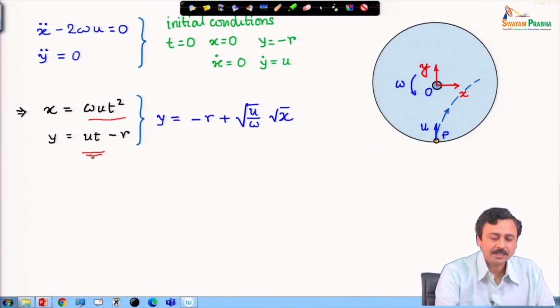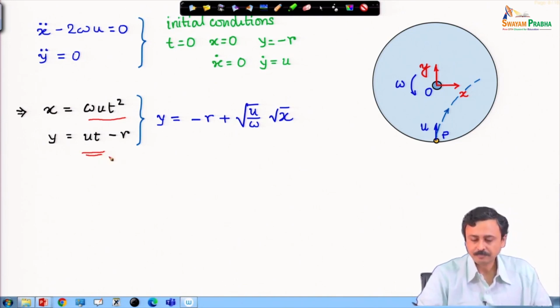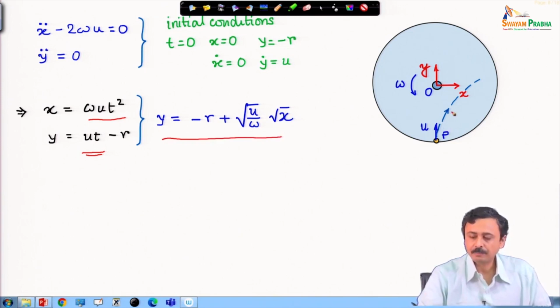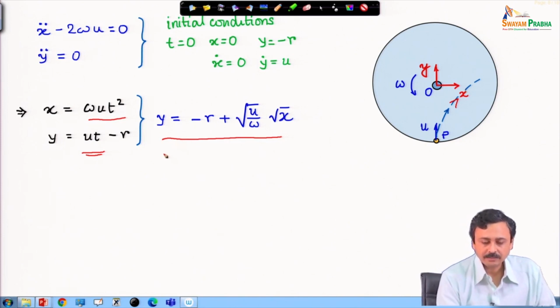So, y increases like this, and therefore, because x moves to positive side, the particle path curves to the right, and you can write this as y plus r whole square equals omega by u times x.